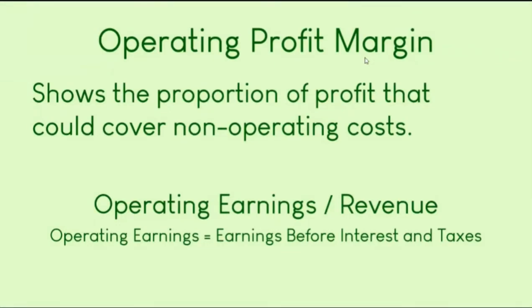Therefore, kapag meron tayong value dun sa income statement natin na income tax or interest expense, and yung income tax natin is already the net income is already generated, kailangan nating idagdag ulit yung income taxes natin and interest expense doon sa net income para makuha natin yung operating earnings or the earnings before interest and taxes.